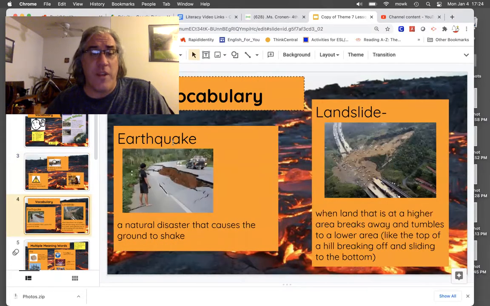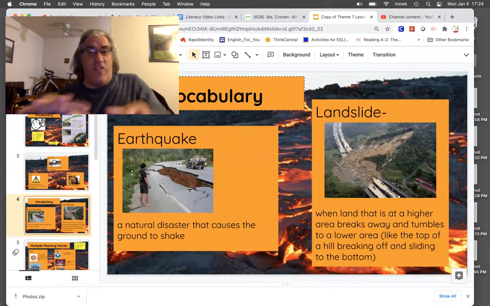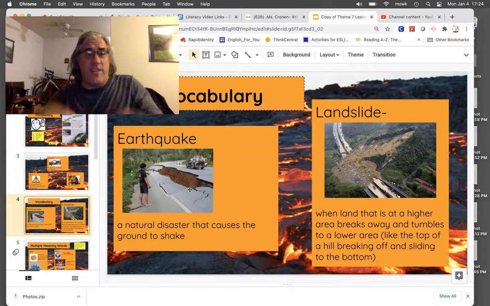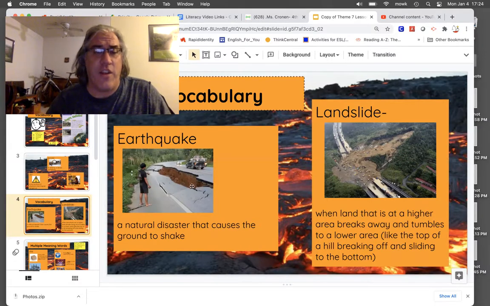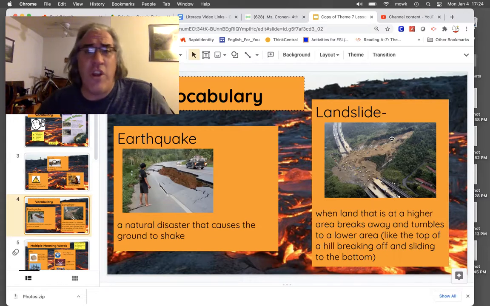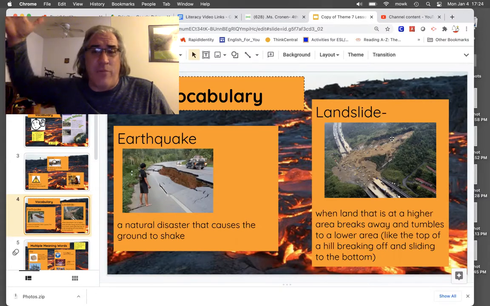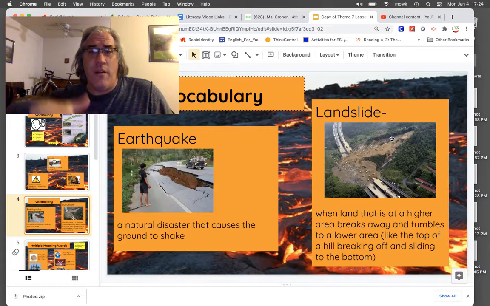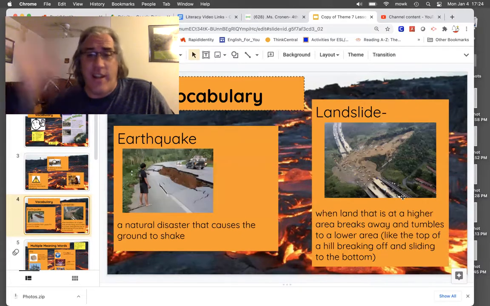Two other words would be earthquake, which is a natural disaster where the ground actually shakes and rubs against each other. This to me looks like a sinkhole, but it probably is because of an earthquake. And then a landslide. If you could see this picture here, that is a picture of the whole side of a mountain coming down on top of something else, or just sliding down.